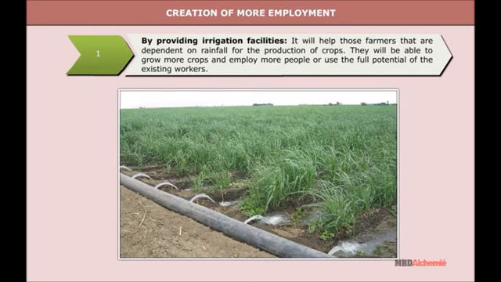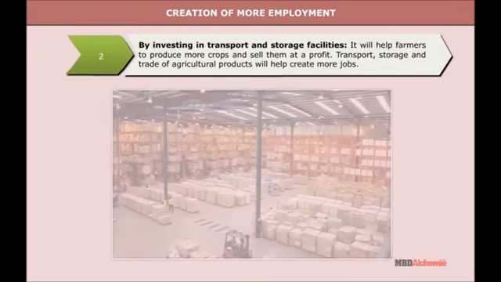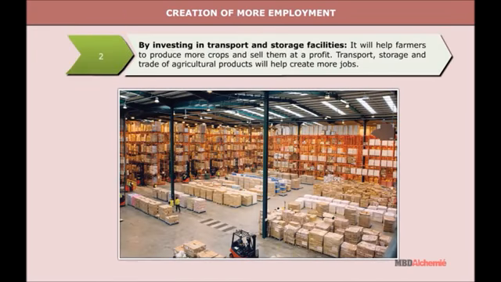By providing irrigation facilities, it will help those farmers that are dependent on rainfall for the production of crops. They will be able to grow more crops and employ more people or use the full potential of the existing workers. By investing in transport and storage facilities, it will help farmers to produce more crops and sell them at a profit.